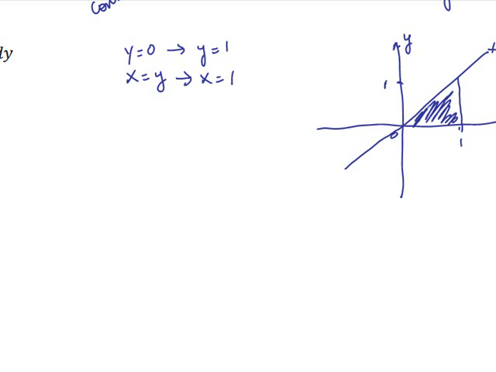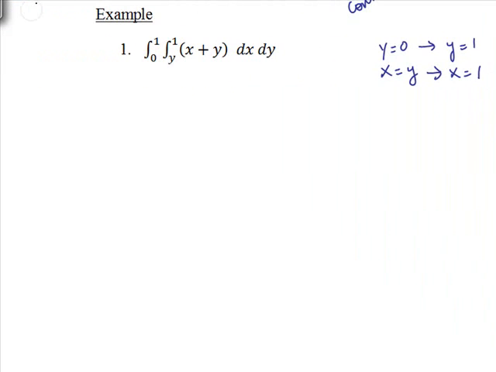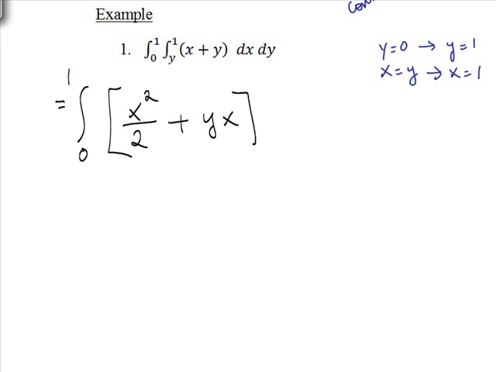Okay, so let's go back to the question and just integrate. I just want you to practice integrating. So put your 0 to 1. Put your square brackets. We are integrating with respect to x. The integral of x with respect to x is x squared over 2 plus yx. And then put your x limit.